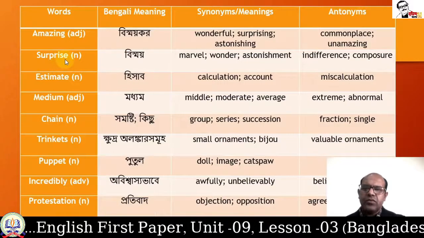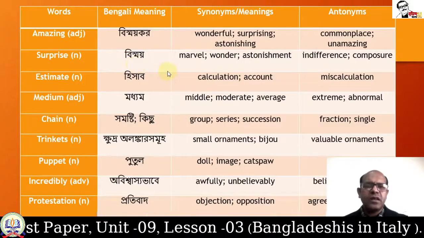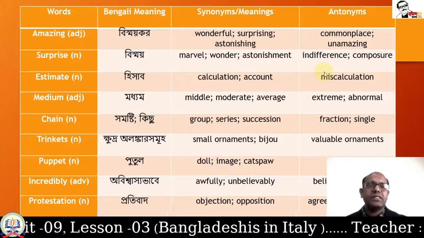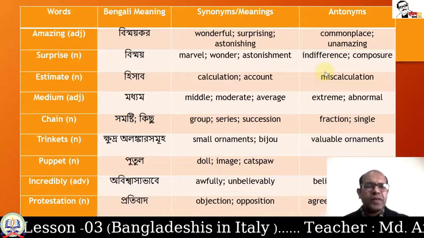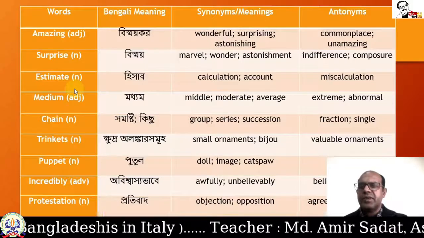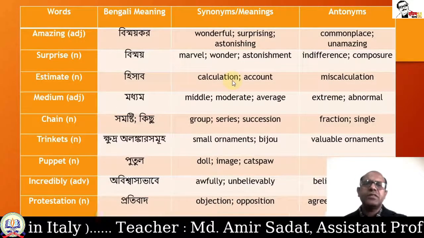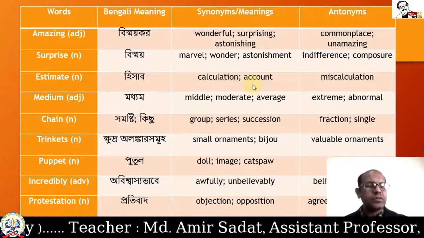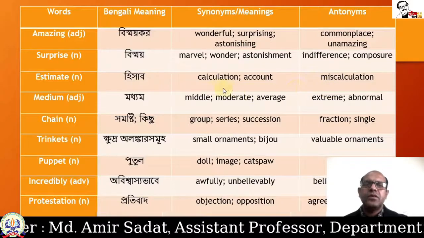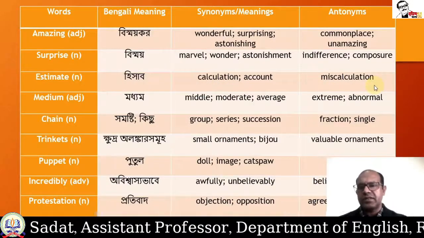Surprise is a noun and its Bengali meaning is Bishoy, and its synonyms are marvel, wonder, astonishment, and its antonyms are indifference, composure. Then estimate. Estimate is a noun. Its Bengali meaning is hishab. Its synonyms are calculation and account, and its antonyms are miscalculation. So synonym is calculation and antonym is miscalculation.